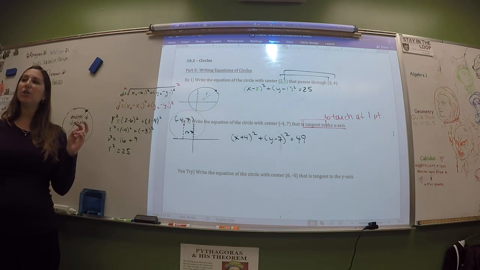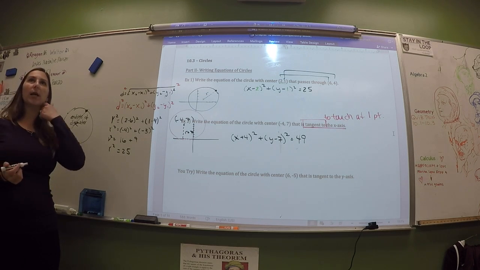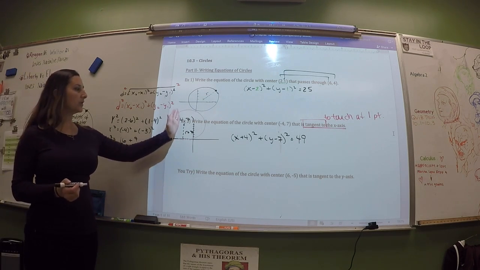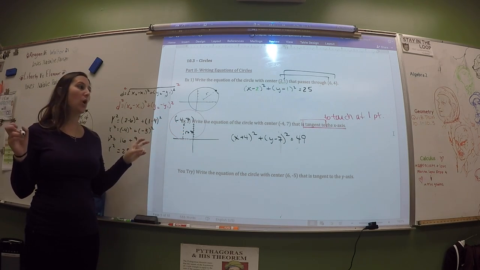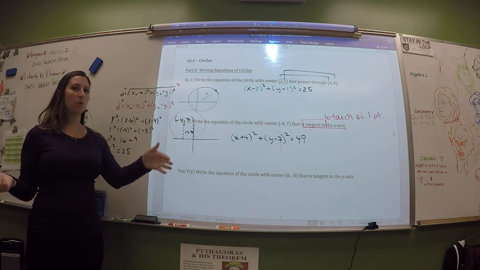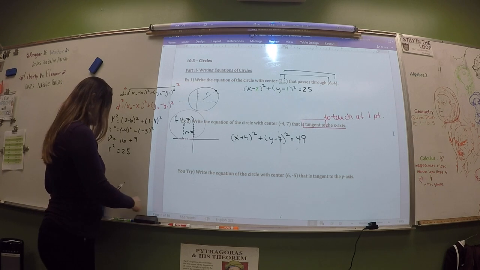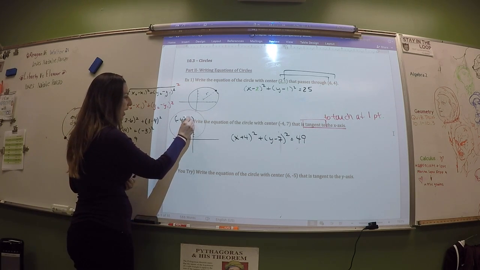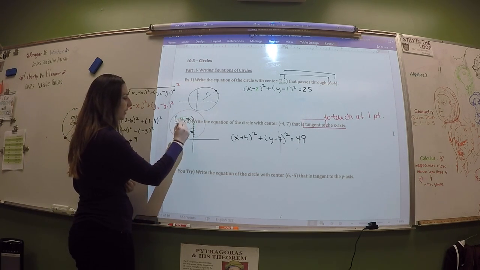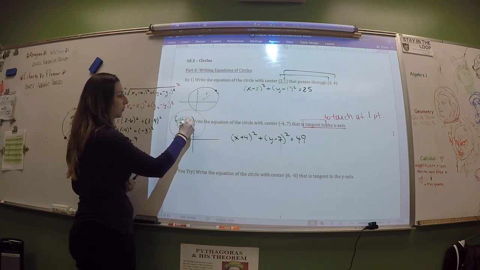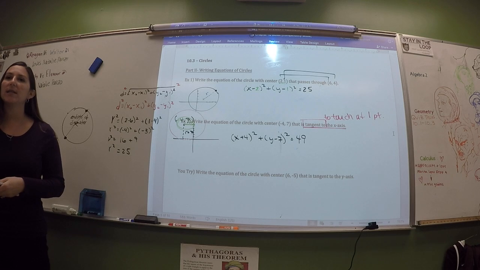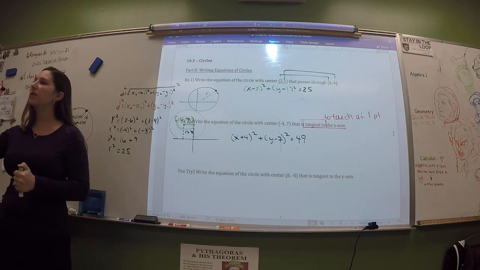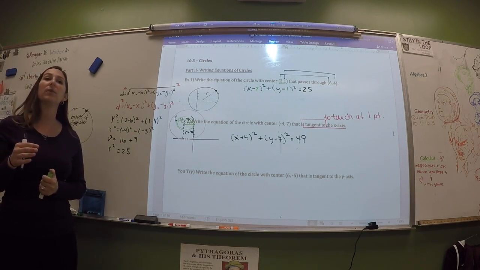So when it says tangent to, you're looking at either a vertical distance or a horizontal distance. So if it had said tangent to the y-axis, then it would have been 4, because that would have meant it's touching the y-axis. That's not a circle, but you get what I'm saying. And so then this distance would have been 4 if it was tangent to the y-axis. So the nice thing is it's just either a horizontal distance or a vertical distance, so you don't really need the distance formula.